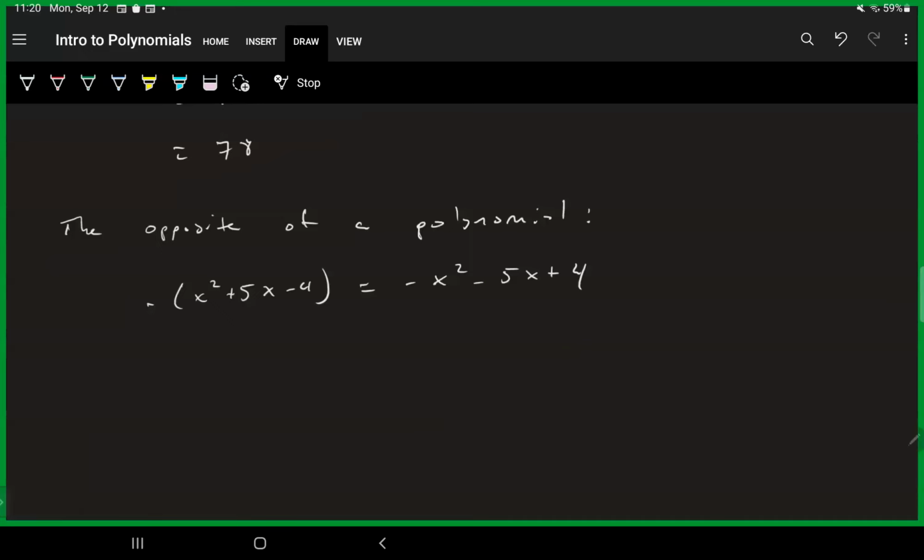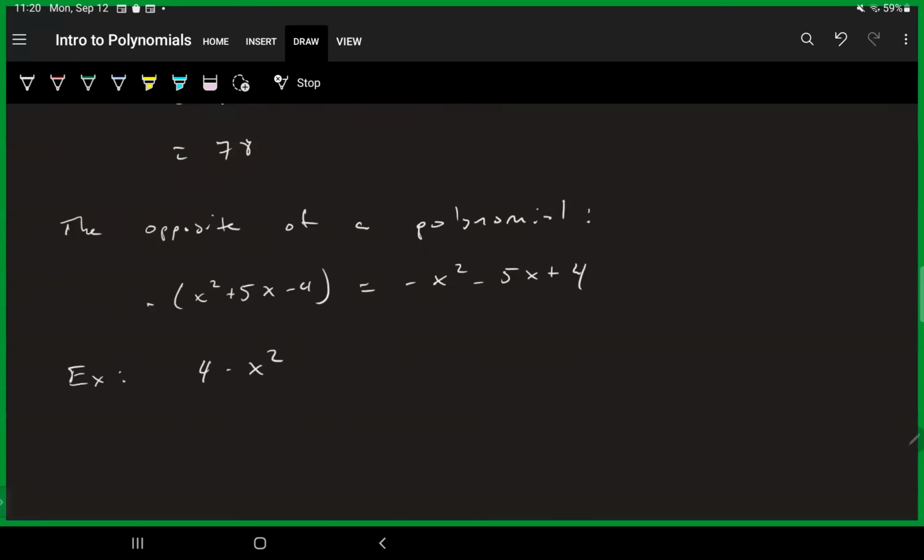And in the future, you're going to see this used to rewrite the order of a polynomial when you have subtraction involved. So example, I have 4 minus x squared, and I want to rewrite that with the x squared out front.